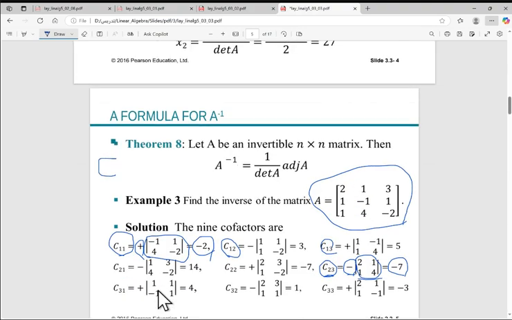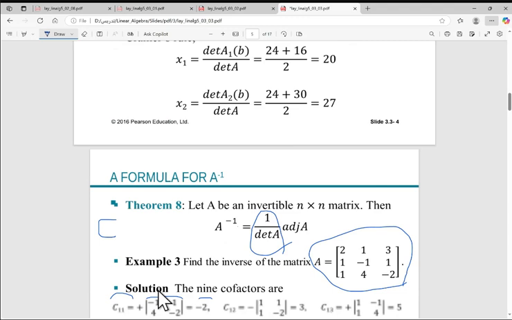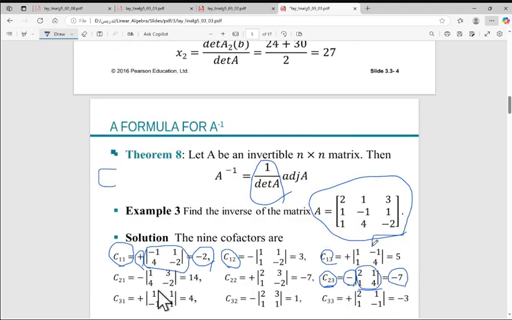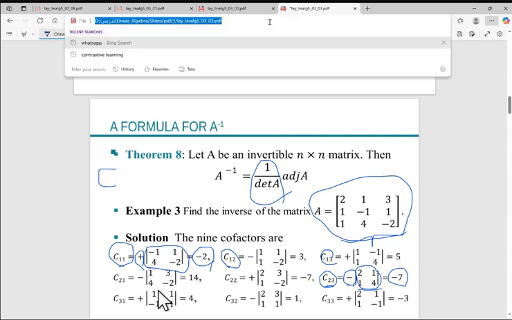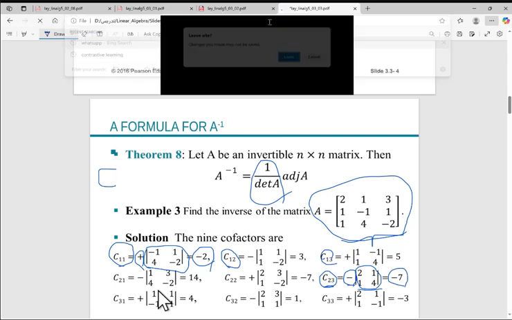And then the inverse of the determinant times the adjugate gives you A minus 1, right? Very easy. You compute the determinant of A, and then the adjugate times the inverse of the determinant gives you A minus 1, right? Is it clear?